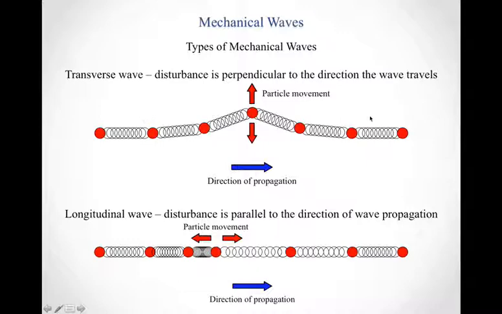That's a transverse wave. In our heads, when we picture a wave, a transverse wave is almost always what that image is. A longitudinal wave is still traveling to the right. It's just that now the disturbance is parallel to the direction of the wave propagation. So your particles are bouncing back and forth along the direction of the wave. If the wave's traveling to the right, your particles are bouncing back and forth to the right.